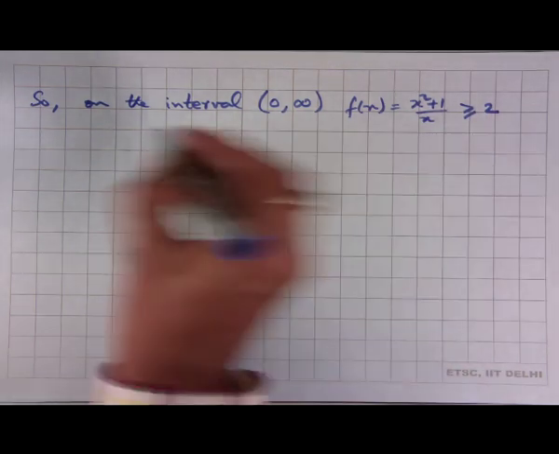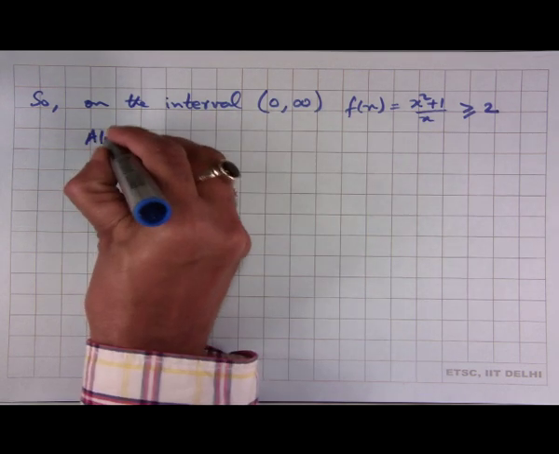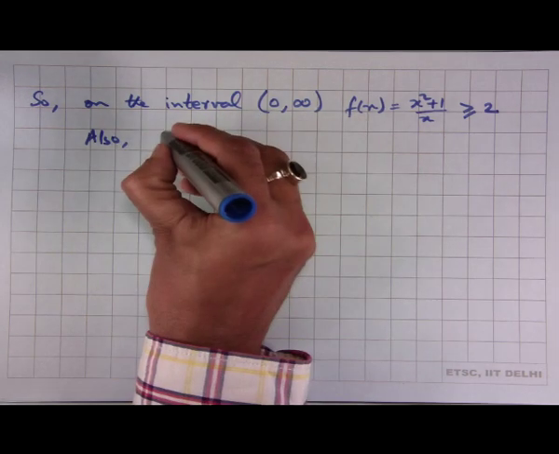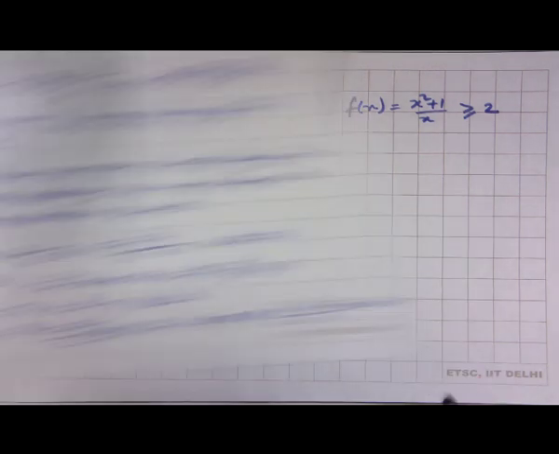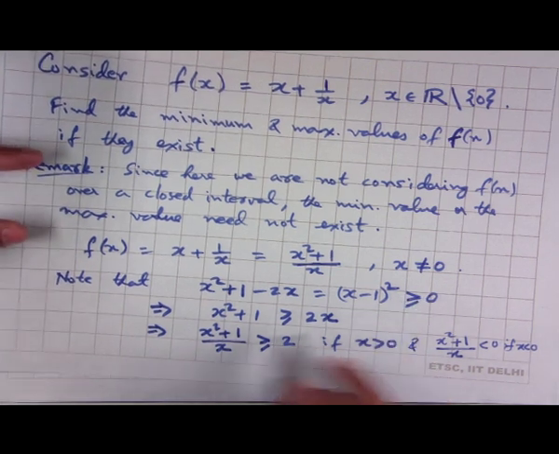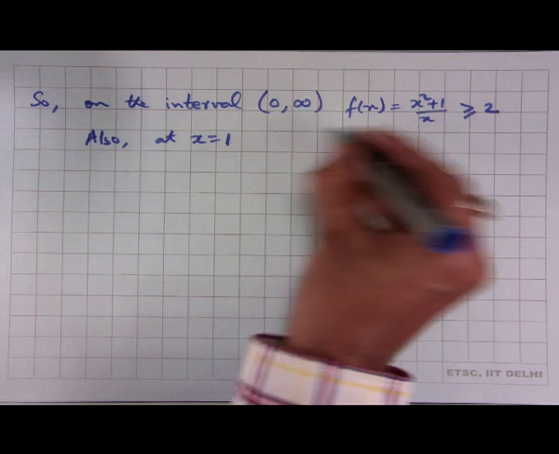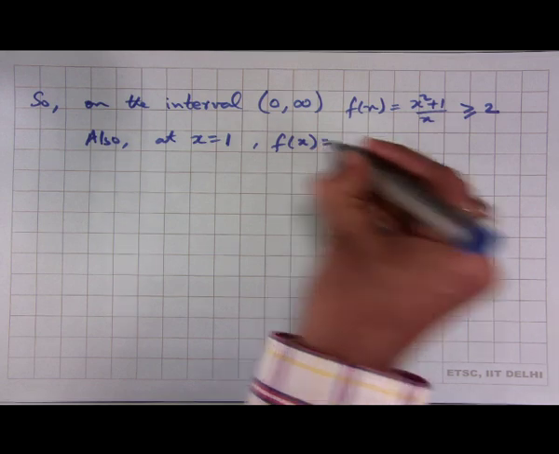Also, at x equal to 1, if I put x equal to 1, then this is equal to 0, and therefore at x equal to 1, f of x takes the value 2.